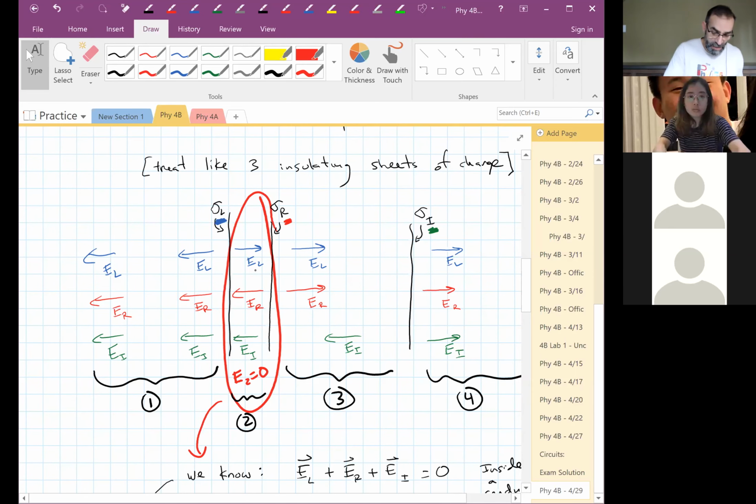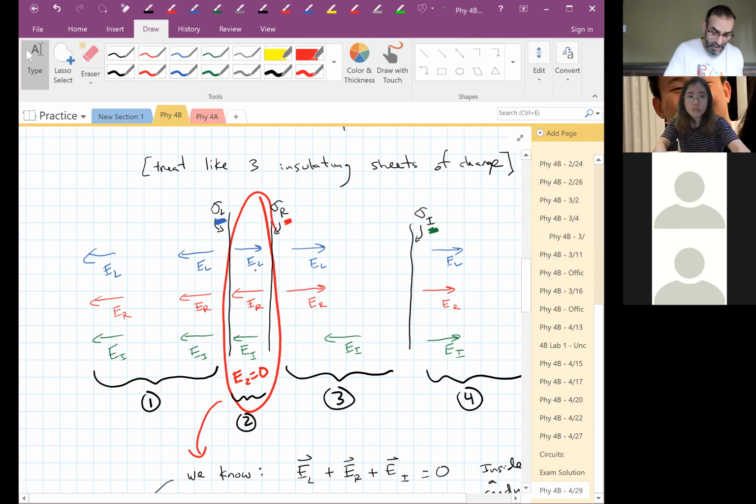And of course, what can I do first thing? Multiply through by 2 epsilon naught. So I have sigma L minus sigma right minus sigma insulator equals 0. So that's my second equation. Now I can substitute in from my first equation into my second equation. What can I do here?